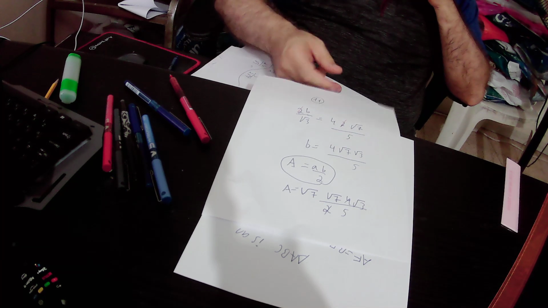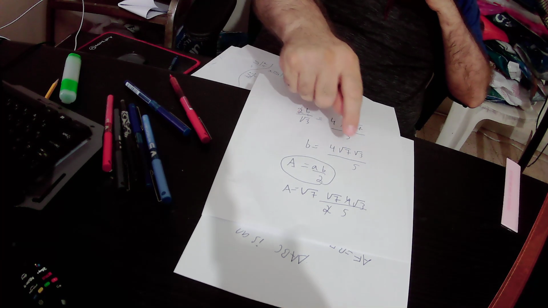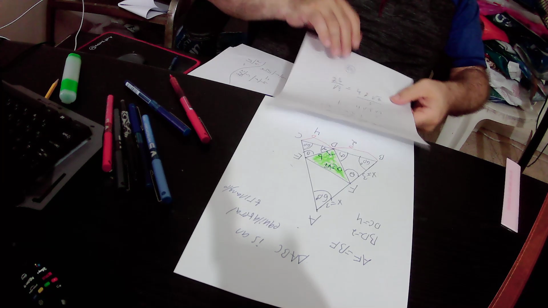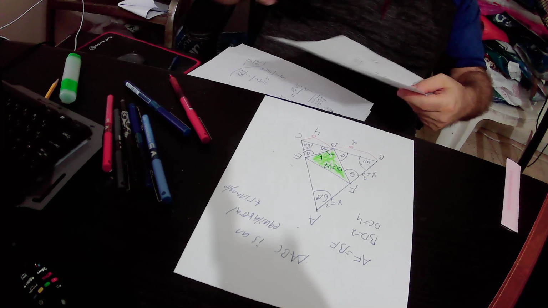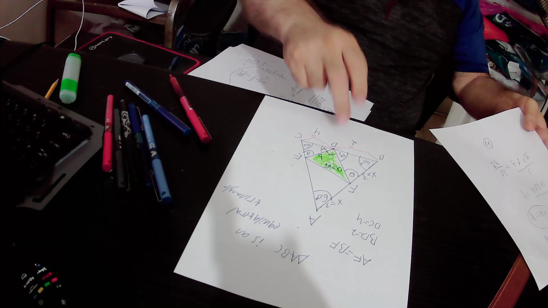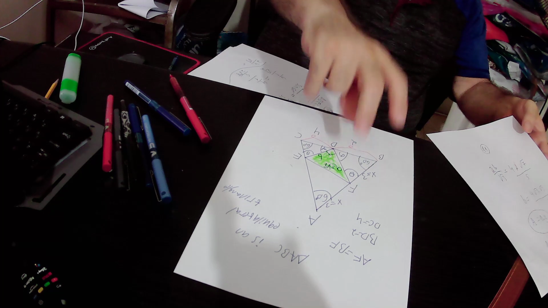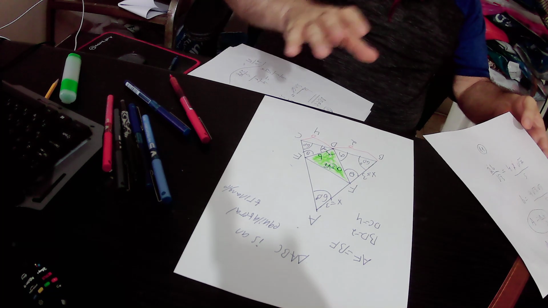We found out that the value of b is actually 4 times root 7 times root 3 over 5 units, and we have already found out that the value of a is root 7. So the area of the green triangle equals the base of the triangle times the height of the triangle over 2.